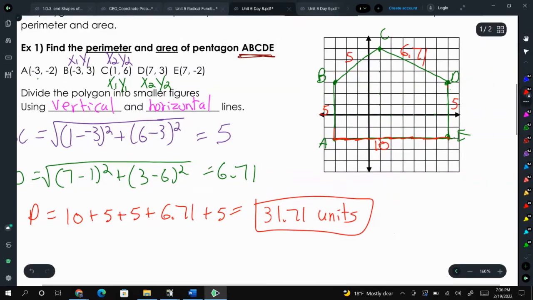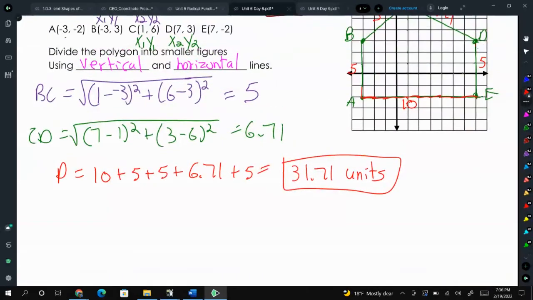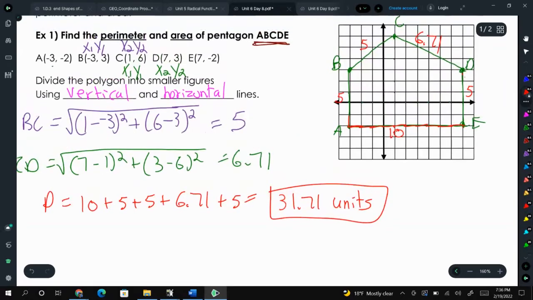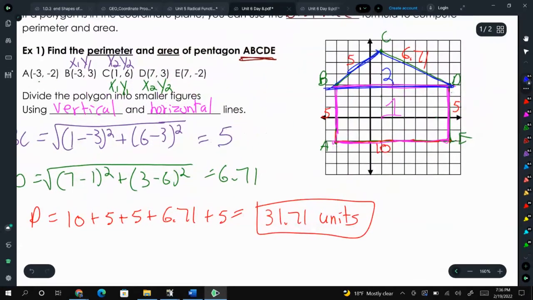Now for the area, I wrote up here that we're going to divide this into smaller figures with vertical and horizontal lines. Like if we draw a horizontal line right here connecting BD, we now have a rectangle here. We can call that region 1. And we have a triangle up here, and we can call that region 2. Now, with these rectangles and triangles here, we can use vertical and horizontal lines to quickly get the dimensions to allow us to calculate the area.